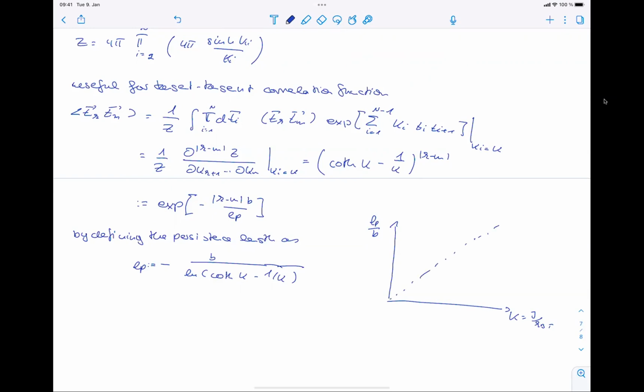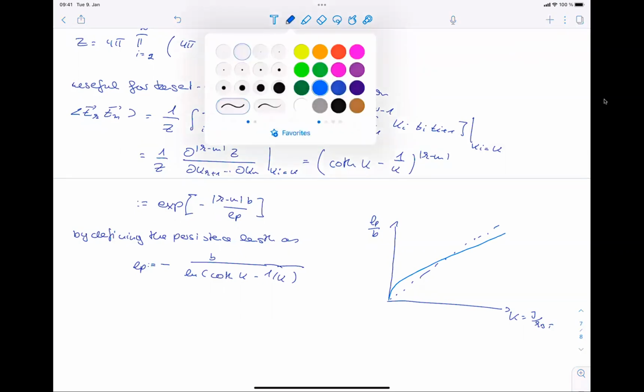Say this would be a linear relationship, then what we observe is that there is at long scales a linear scaling, and only at very small interaction strengths do I have this decay to 0.